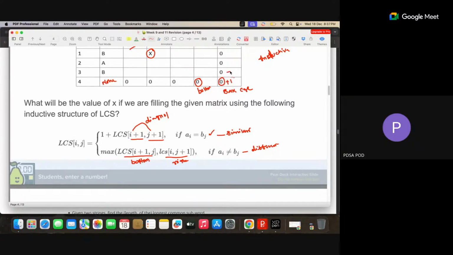Out of those, we pick the maximum. The reason is simple: whether the first string has more matches in the second string, or the second string has more matches in the first string. Hope you understand why it is maximum.